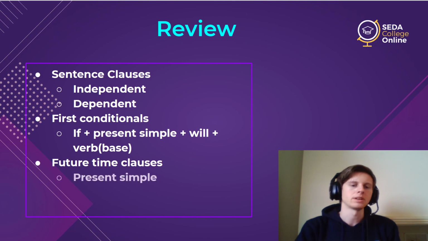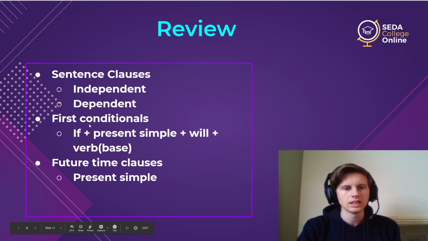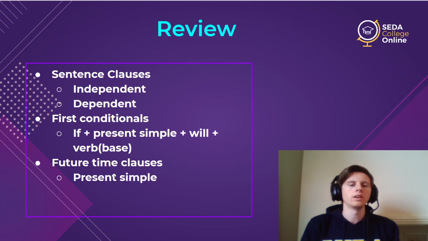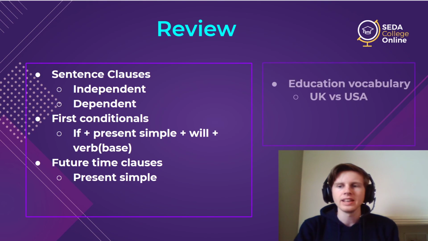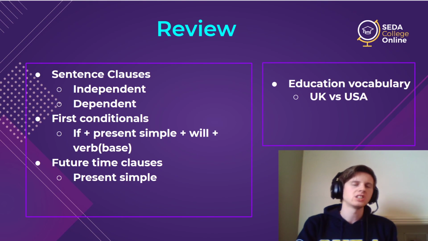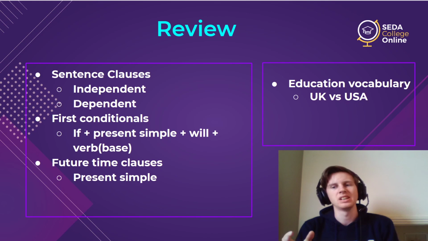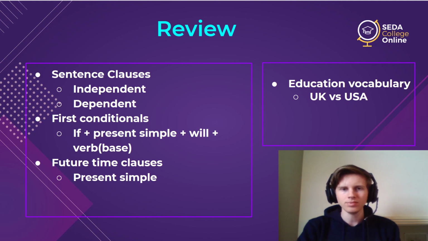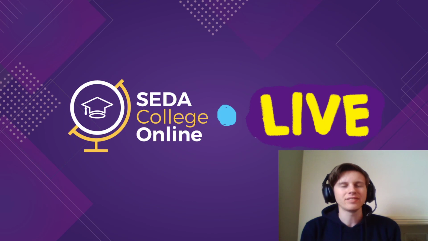And after that, make sure to use the present simple. And it's the same idea, really. First conditionals are a type. They are one of the future time clauses. So the grammar is the same. And then in addition to that, we talked about education and vocabulary and compared a lot between the UK and the United States. All right, so that's everything for today.